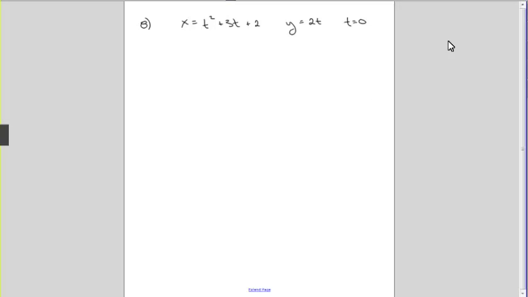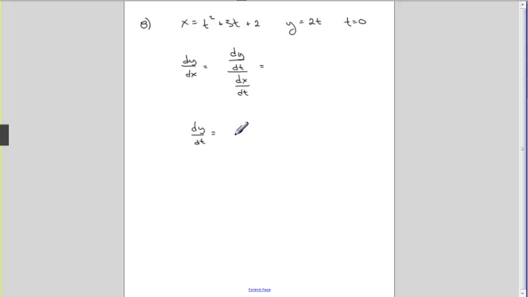This is problem 8, section 10.3. So it's similar to 5, just a little more complicated expression, not that much more complicated. Again, what we're looking for is the slope, which is dy/dx. Relative to parametric equations, we take the ratio of dy/dt to dx/dt. Again, the dt's sort of cancel out in a rough sense. So what is dy/dt?